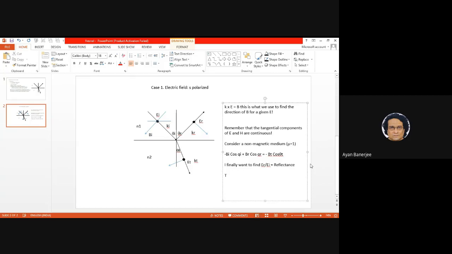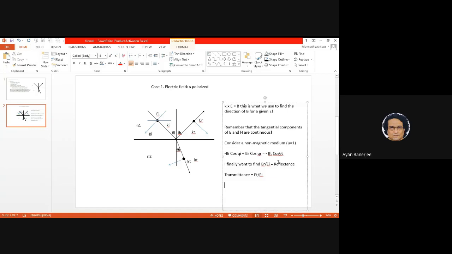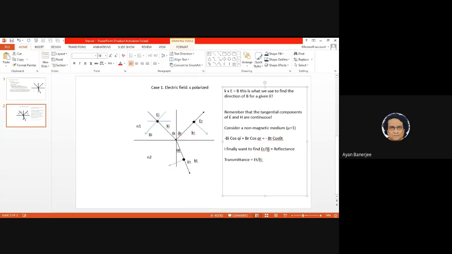I want to find the transmittance, which is equal to ET by EI, right? So I have to get this in terms of the electric field. How do I do that? What will I use?